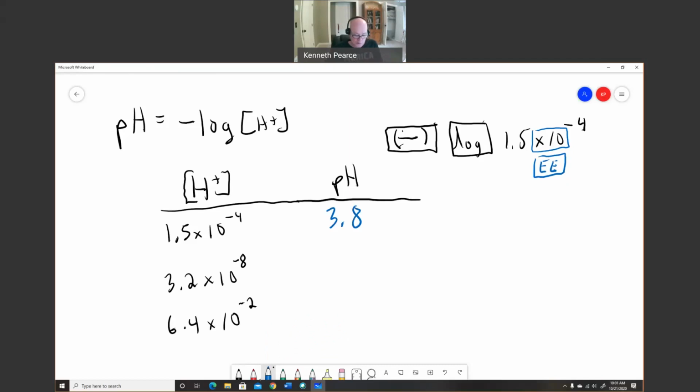And I can do the same thing. I'm going to go with special minus key, LOG, and 3.2, second double E exponent, special minus 8, and I get 7.5. And then my final example here, minus log of 6.4, second EE, minus 2, close parentheses, and I get 1.2.